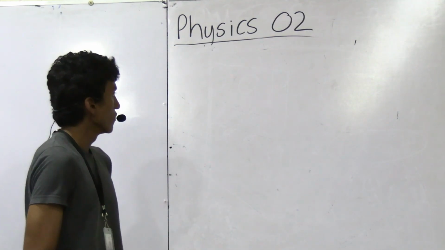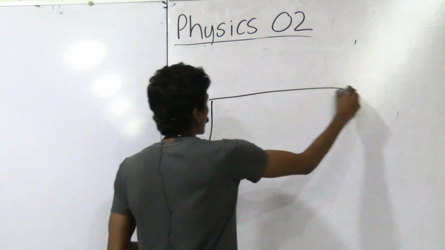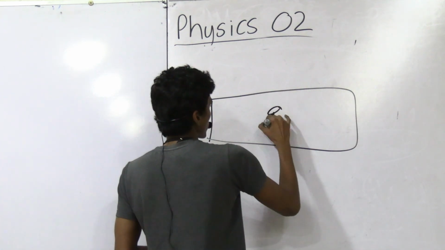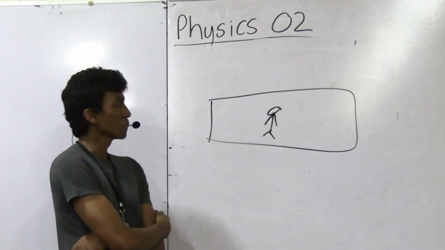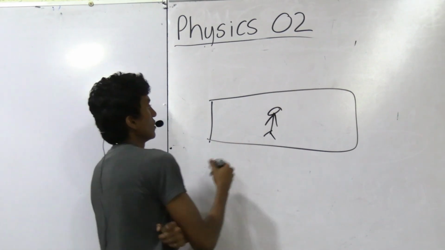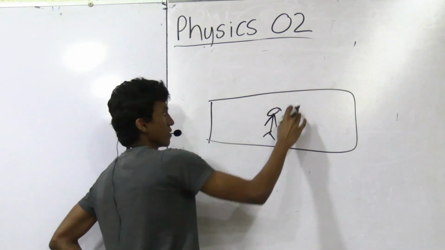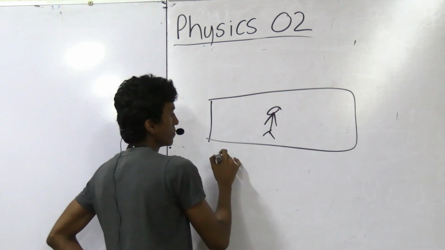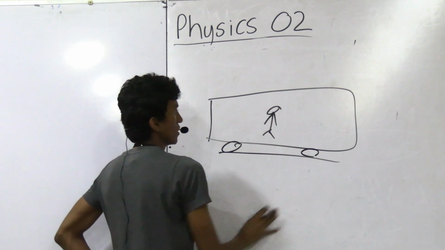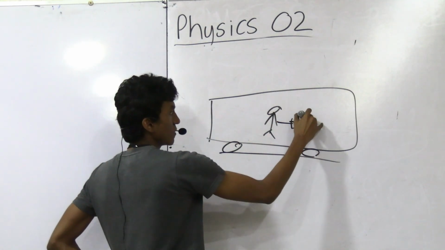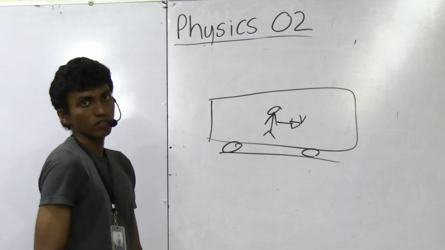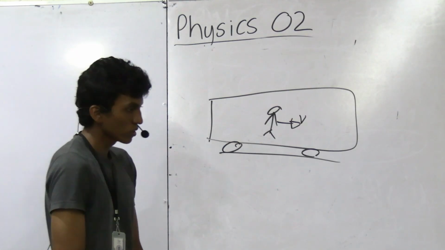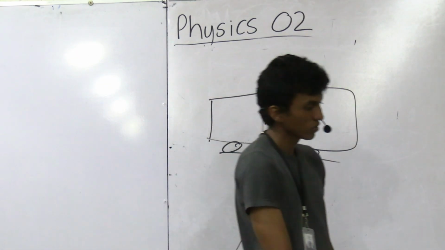So when you're traveling in a bus, you have the same velocity as the bus, right? So relative to you, the bus does not move. But when the brakes are applied, you keep moving at the same velocity. That's why you get flung forward. That's closest to the law of inertia, Newton's first law.